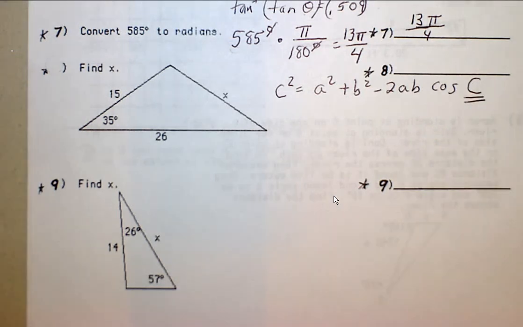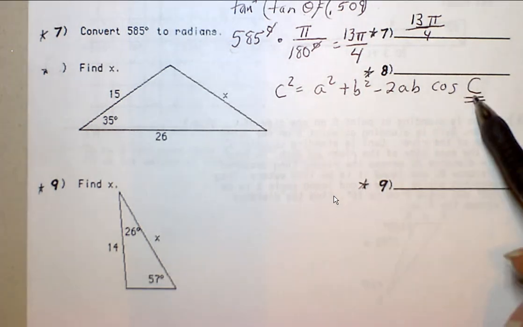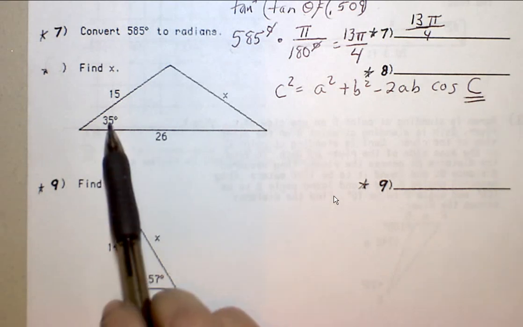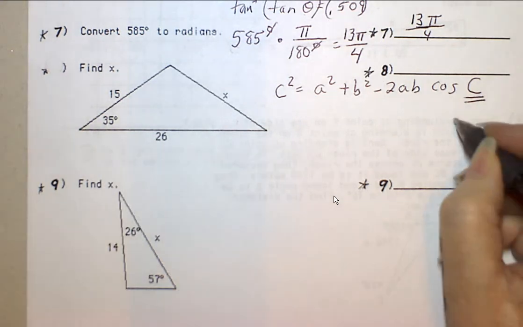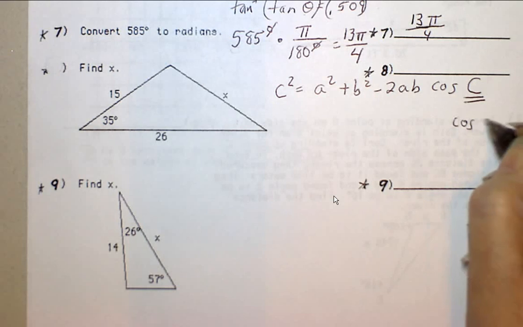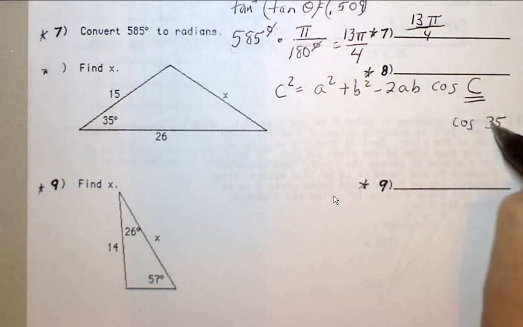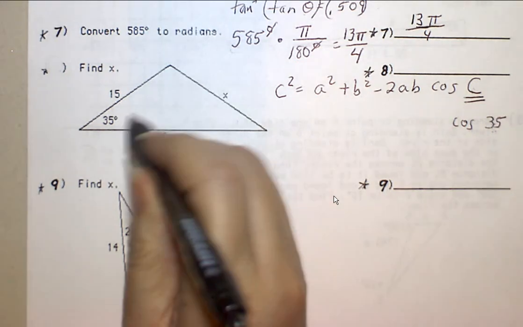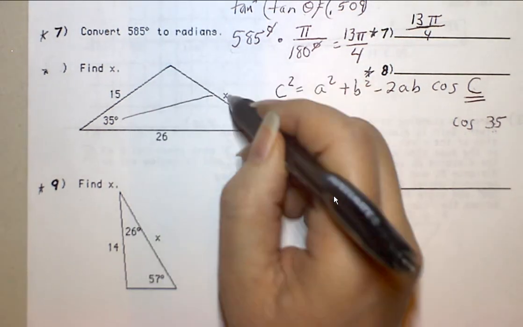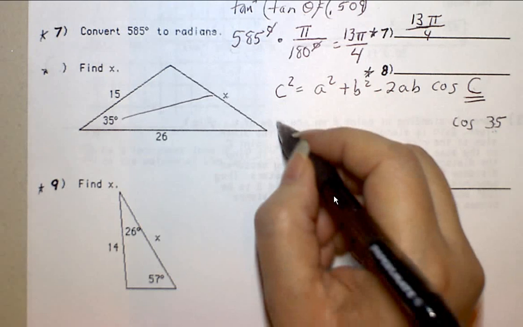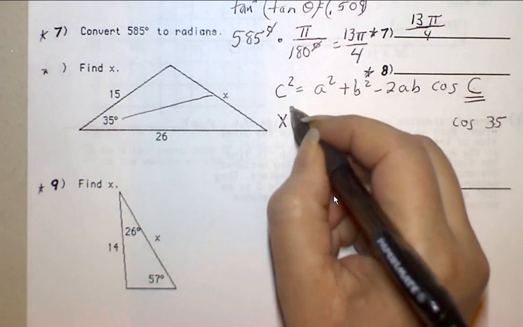So the biggest thing is you have to go with what angle you have. I have 35, so cosine of 35 has to go there. That means 35 is your C, and straight across from that has to be your little c, which is this one. So this has to be x squared.